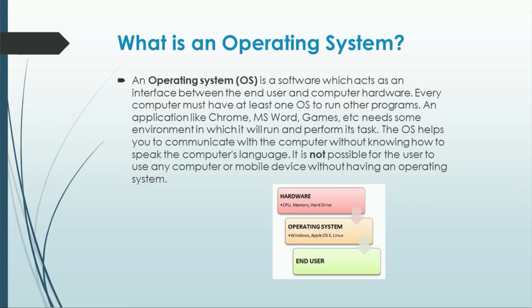An application like Chrome, Microsoft Word, games, etc. needs some environment which will run it and perform its task. The operation system helps you to communicate with the computer without knowing how to speak the computer's language. It is not possible for a user to use any computer or mobile device without having an operation system.